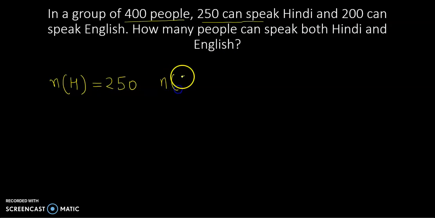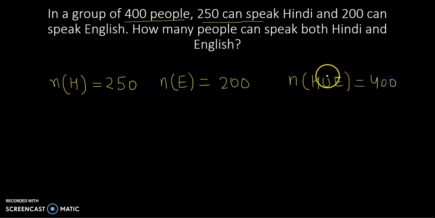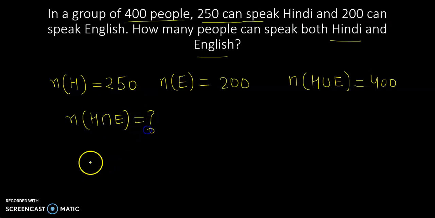The number of people speaking English I'm representing by E. They are exactly 200. In the group of 400 people, the number of people speaking Hindi or English is 400. Now, how many people speak both Hindi and English? Both means people who speak Hindi as well as English. That is exactly what I want to find out.